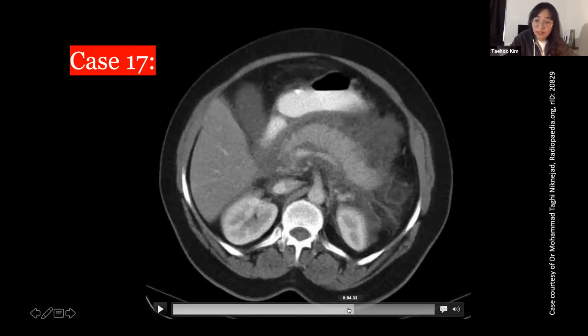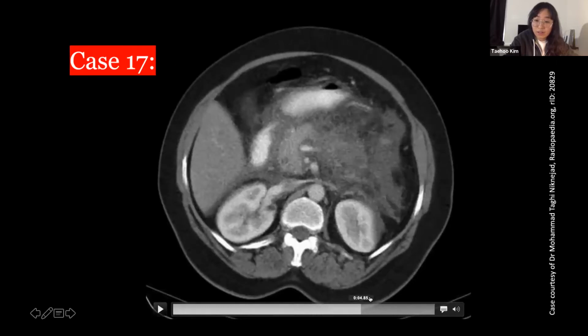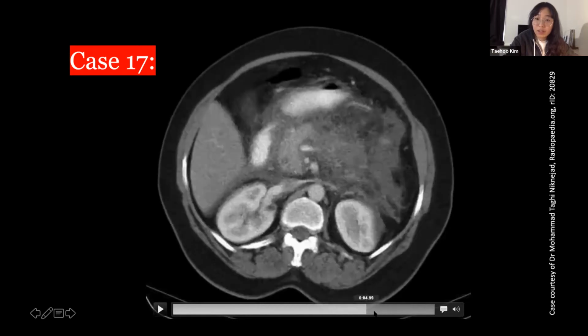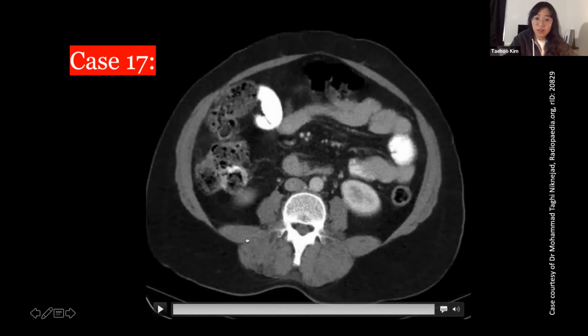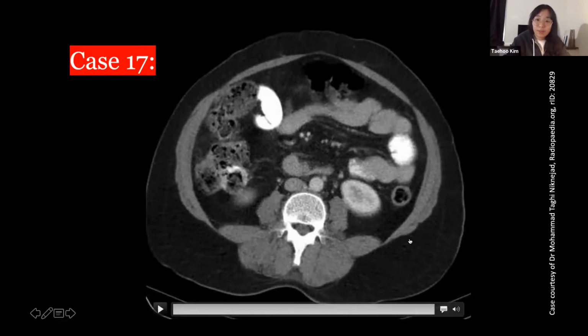So this is just another interstitial edematous pancreatitis. In chronic pancreatitis, you wouldn't see this much fat stranding. You'll see more atrophied pancreas with focal calcifications.